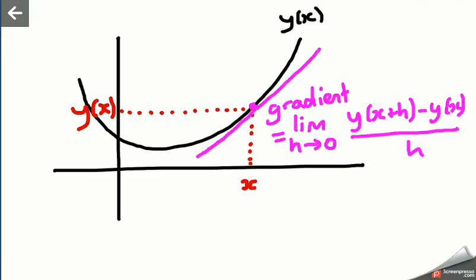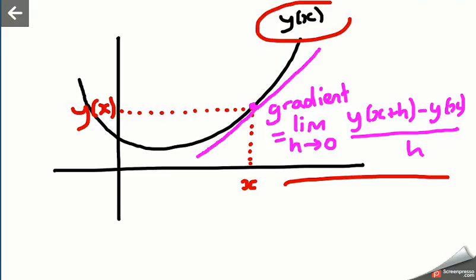So it's equal to the limit as h tends to 0 of y of x plus h minus y of x, divided by h. Okay, so that is how to differentiate a function. When you have a function y of x and you want to find the derivative of the function at the point x, what you're actually finding is the gradient of the line that's tangent to the function at the point x, y of x.